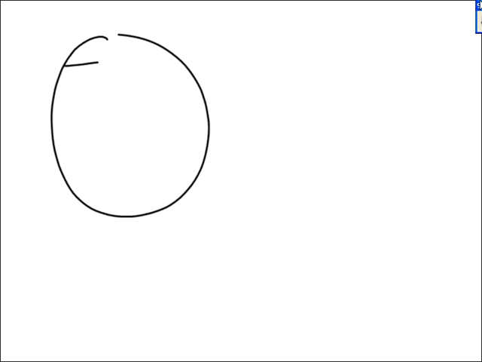Suppose you have a circle and an inscribed four-sided polygon. Why do we keep having this? Because there are only two theorems here.